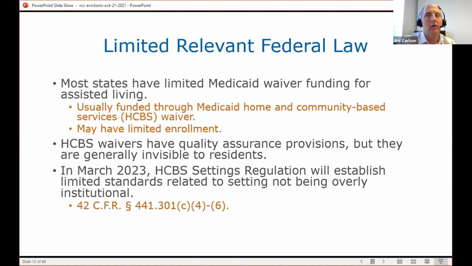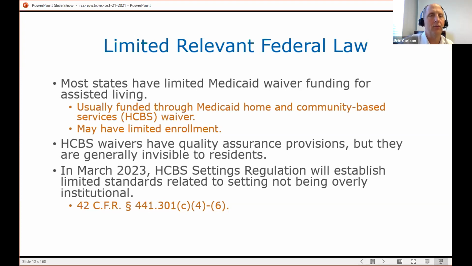The one most prominent exception to that rule will be effective a couple years from now, this HCBS settings regulation, which now has been in process since 2014. And states have been in this long transition period to come into compliance with the regulations that are set up for the purpose of assuring that HCBS settings are not overly institutional.